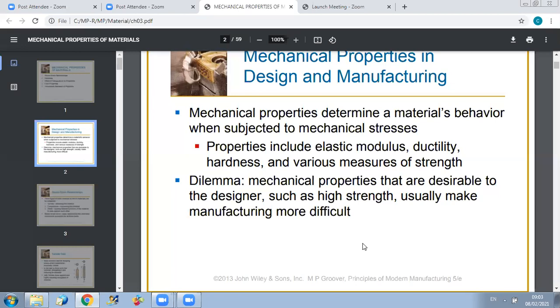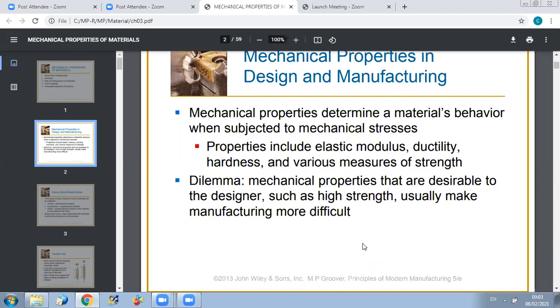We also have a main problem: in general, the mechanical properties that are desired by the designer, such as high strength, will usually make manufacturing more difficult. If you have a material with high strength, it will not be easy to deform it, because when you want to do deformation, you need to apply certain forces that will deform your body. So if it has very high strength, you will need to apply very high loads to do deformation.